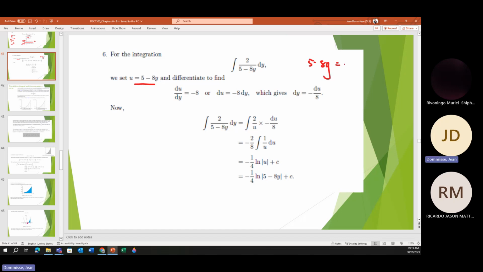Again, let's just make it u. You can do anything with it. So when we differentiate that, remember, like we said previously, c will disappear. We will basically sit with -8. And then we need to work with integration.